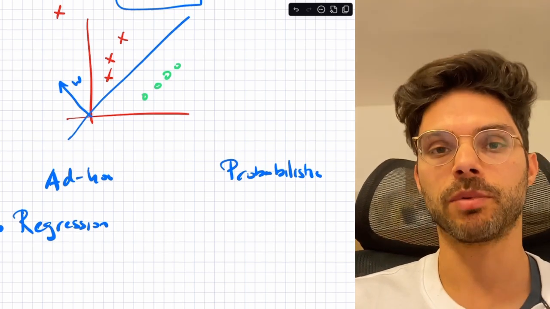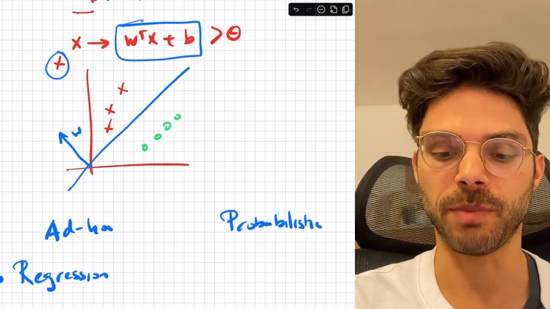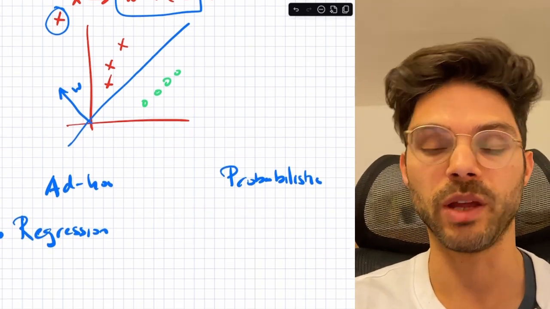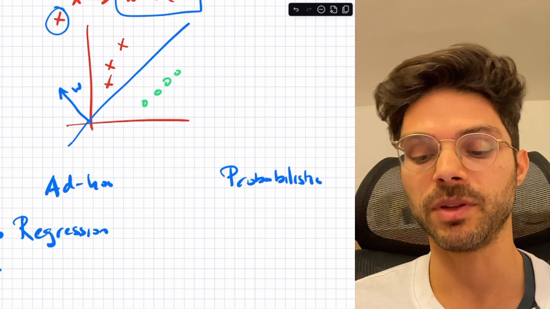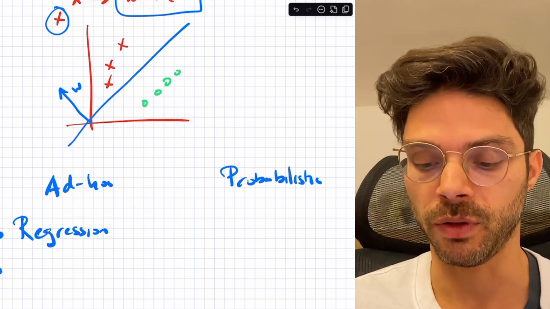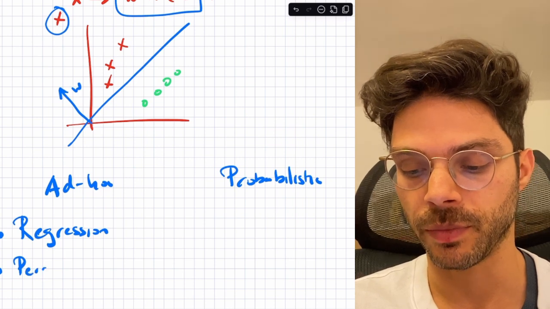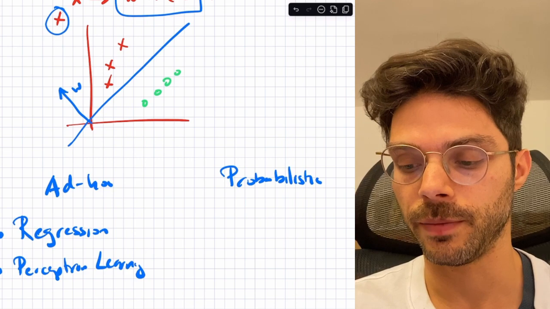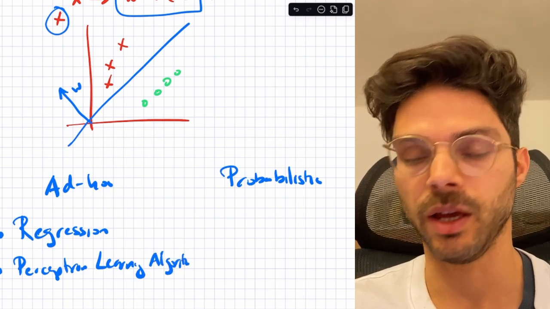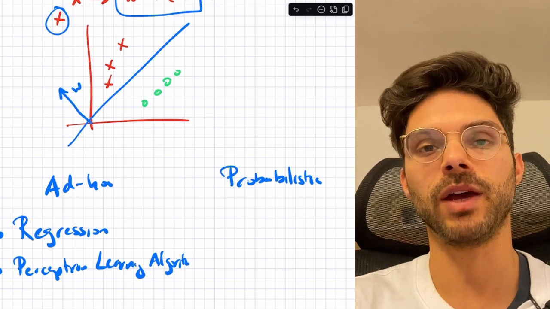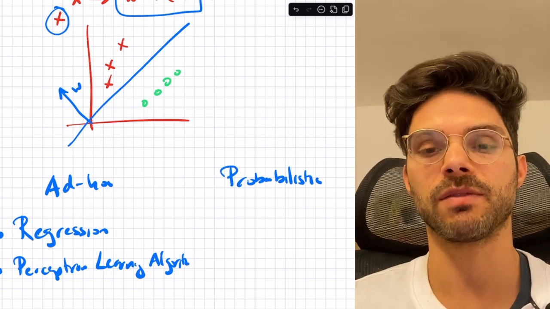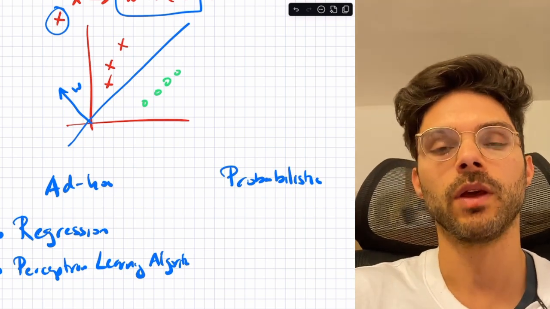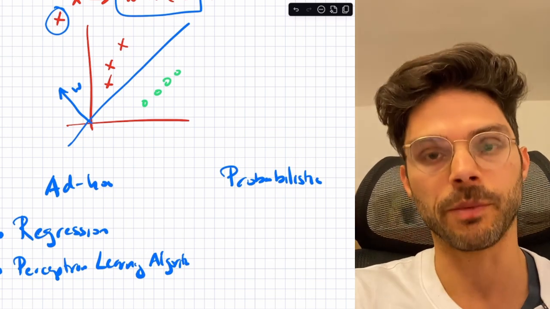So maybe part of the problem there is that you're spending too much time on these points that you're classifying well. So maybe you should only update your weight vector based on points that you're misclassifying, and that is the approach you take in the perceptron learning algorithm. The idea there is you start with some guess at the weight vector, you look at the points that you're misclassifying, and you adjust your weight vector iteratively for each point so that you no longer misclassify that point.